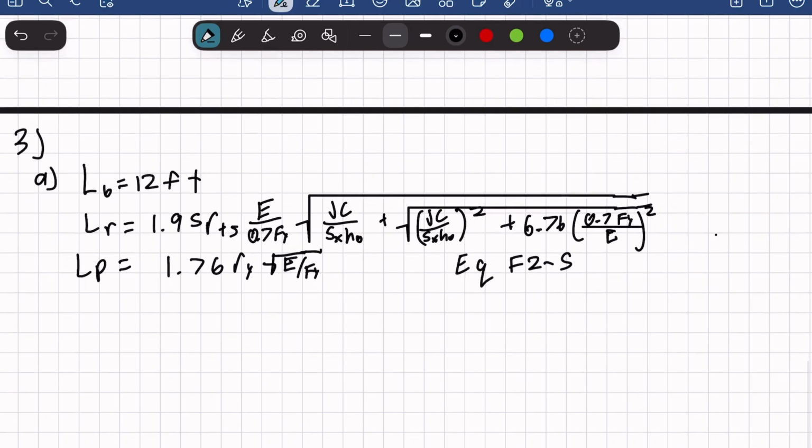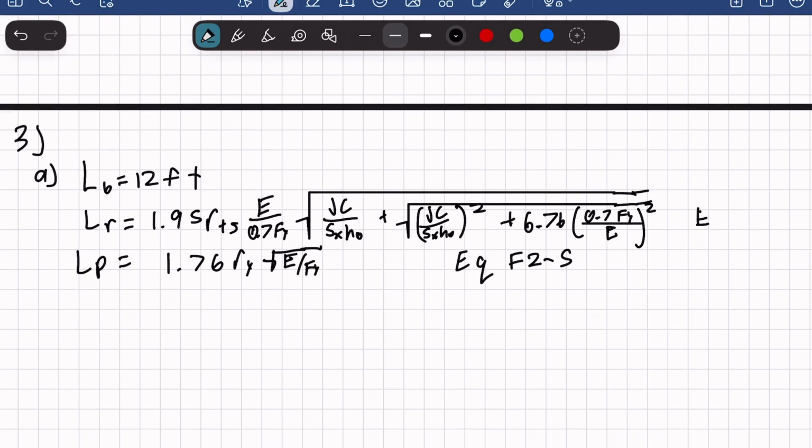And as I was saying, I'll tell you the equation. This is equation F2-6, but if we look in table 1-1, what I'm going to suggest you do is you find your ZX, and ZX is equal to 224.